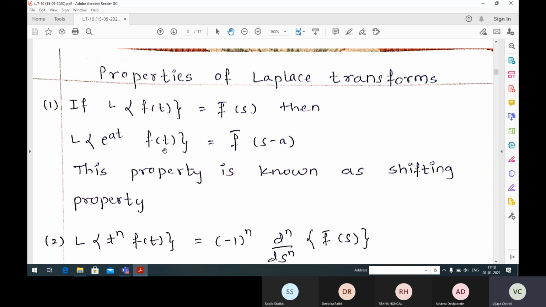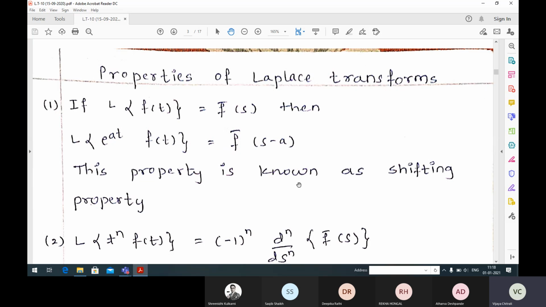A function f of t is multiplied by e raised to at.